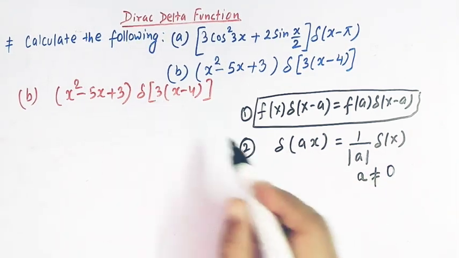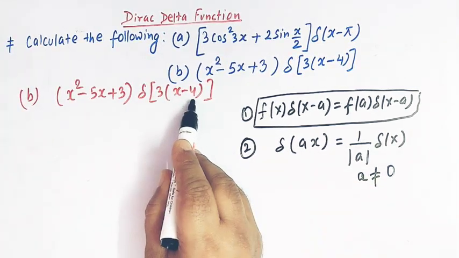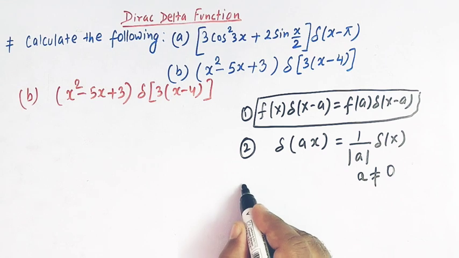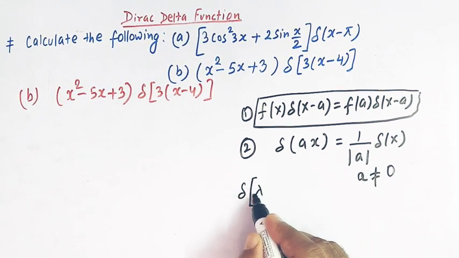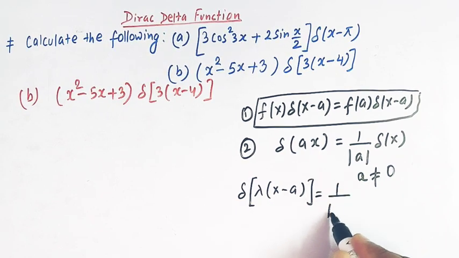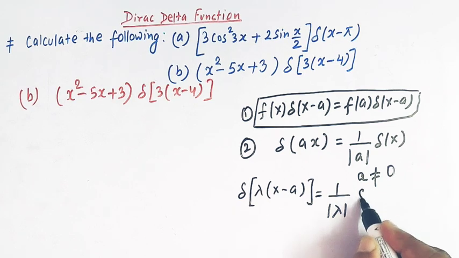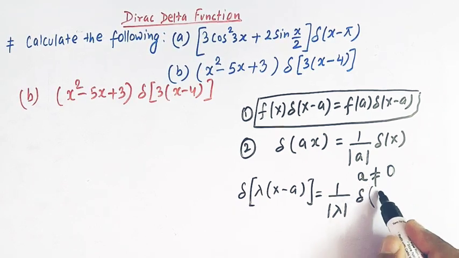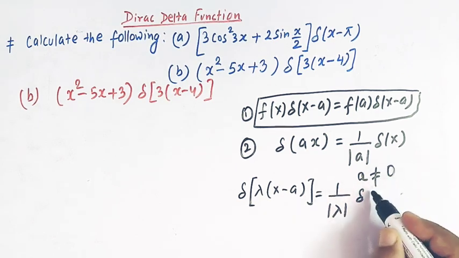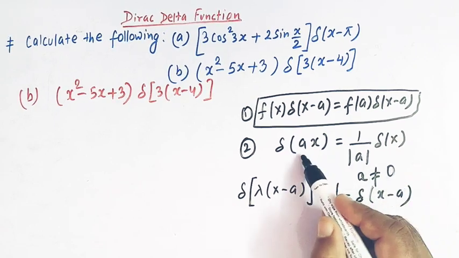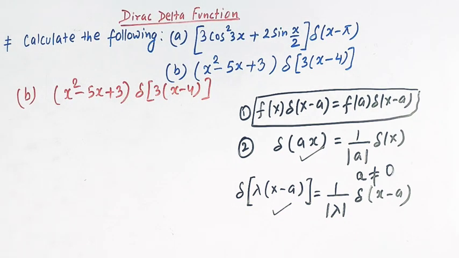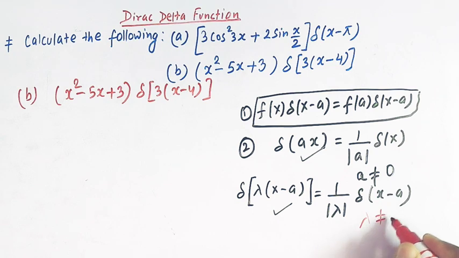Here we have delta of 3 times x minus 4. So we can slightly modify this property to delta of lambda times x minus a is given by 1 over the absolute value of lambda times delta of x minus a, and here also lambda is not equal to 0.